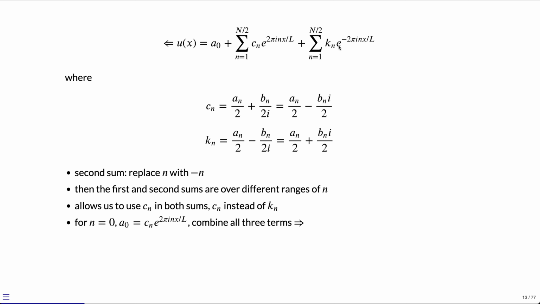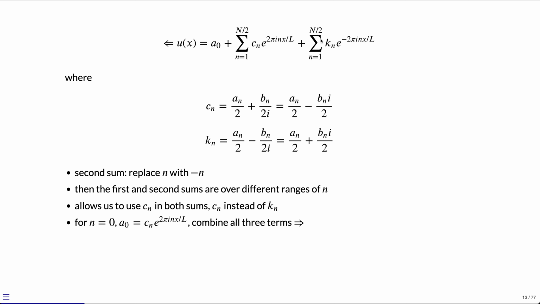But if we replace n with minus n, just combine the minus n here and just call that n, then we can do that, but it makes this sum go from minus n over 2 up to minus 1. So that's kind of cool. If you just change this minus n to n, then it works fine as long as your summation goes from minus 1 to minus n over 2.